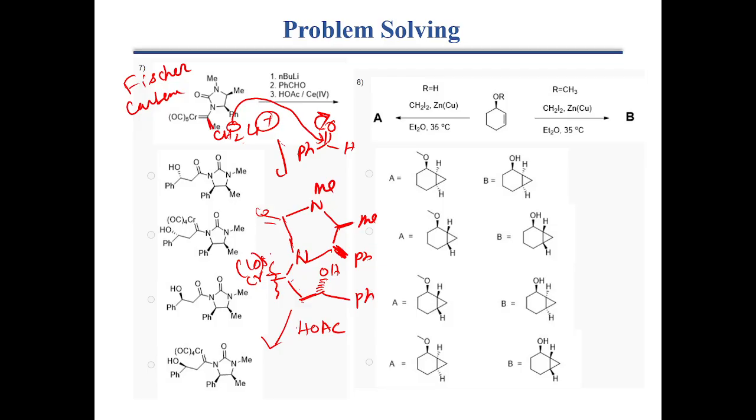So it will clip to ketone. It will come to this one. What will be the right answer? First one? Yeah, first one.